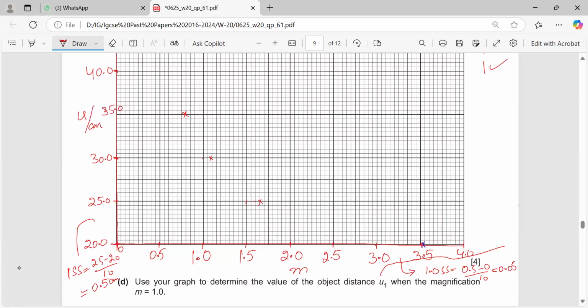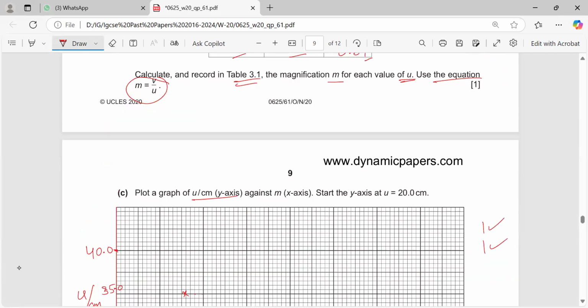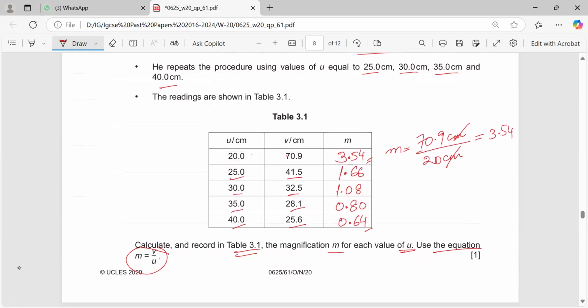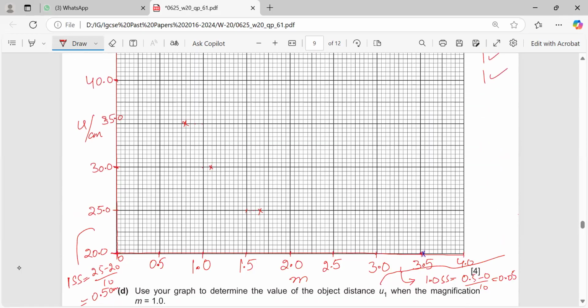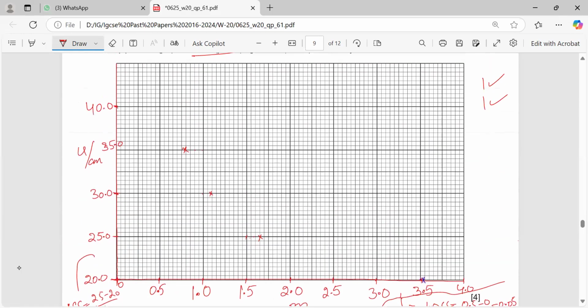Okay, and then the last point is at 40, it is 0.64. At 40, see, this is 0.5, this is 0.6, almost 3 squares like this. So now these are the points.